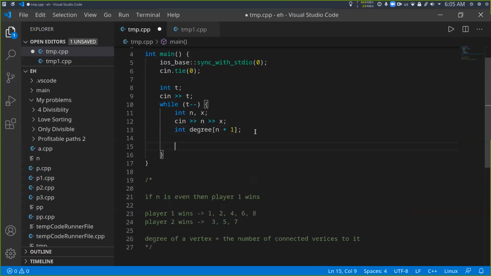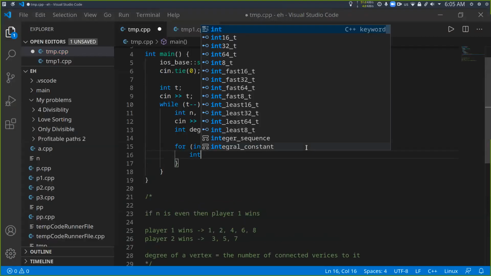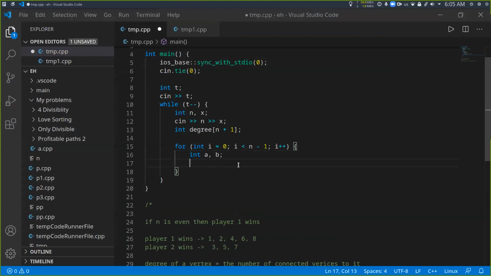Then we'll take exactly n minus 1 lines describing the tree. At every line, we have two nodes, int a and b, and they are connected to each other.